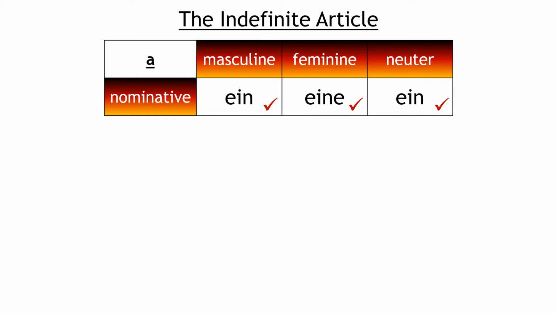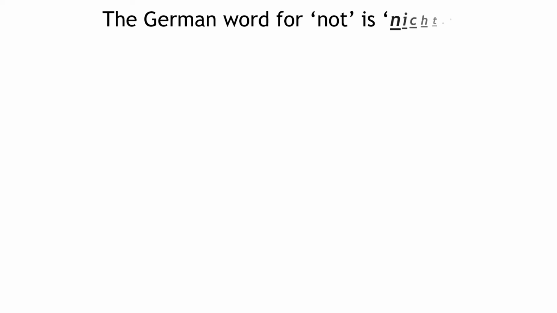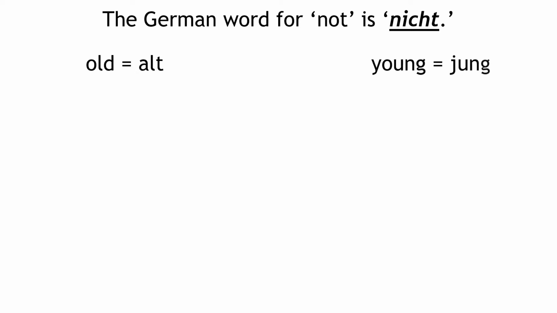Now, at this point, I'm going to introduce the German word for not, which is nicht. And if I give you a couple of adjectives such as alt, which means old, and jung, which means young, you'll not be too surprised to learn that you can place the word nicht before an adjective just as we do in English.